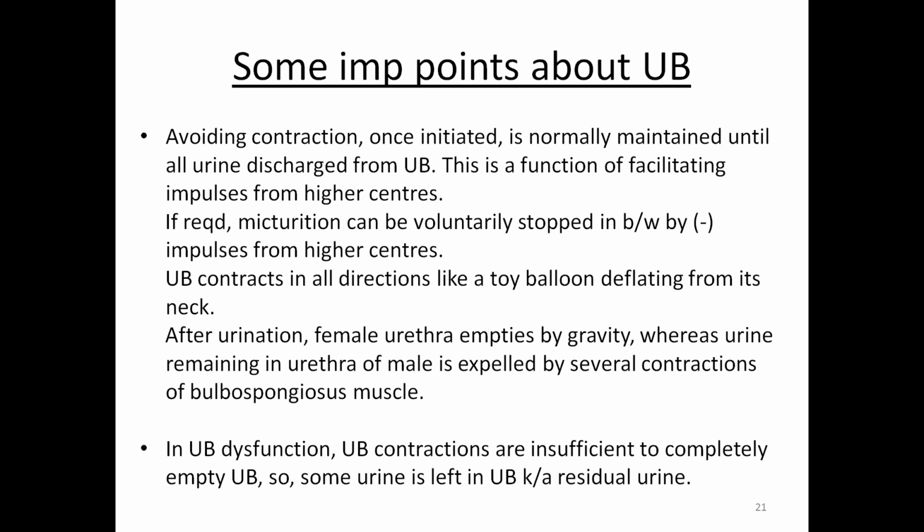But if required, micturition can be voluntarily stopped in between by inhibitory impulses from the higher center. Then also, the bladder contracts in all directions like a toy balloon, okay, deflating from its neck. Then after urination, the female urethra empties by gravity, whereas the urine remaining in the urethra of the male is expelled by several contractions of the bulbospongiosus muscle.